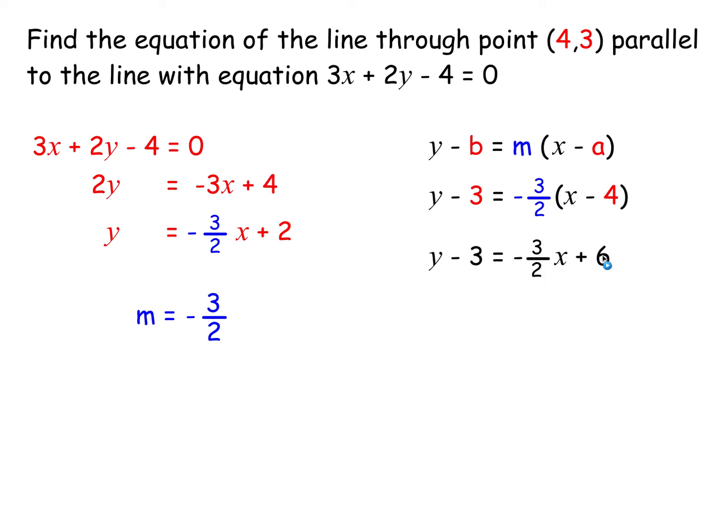And that's why it's 6. It's a negative times a negative is positive, and it's 3/2 times 4. Divide by 2 and times by 3. Now just get rid of this minus 3, add 3 to each side, and that's the equation. So that's passing through 4, 3, and it's parallel to this other line, so I rearrange this other line to get the gradient.